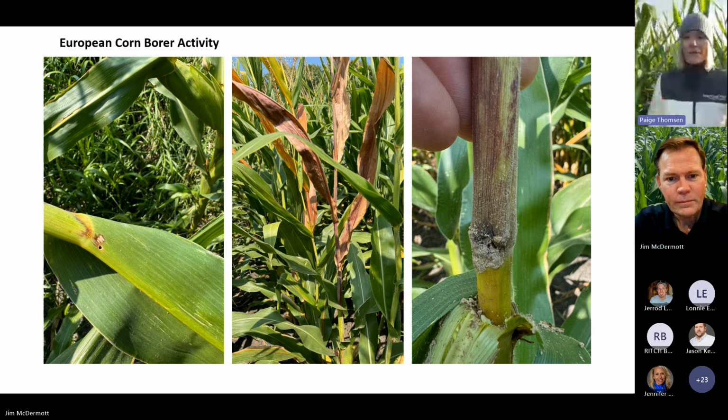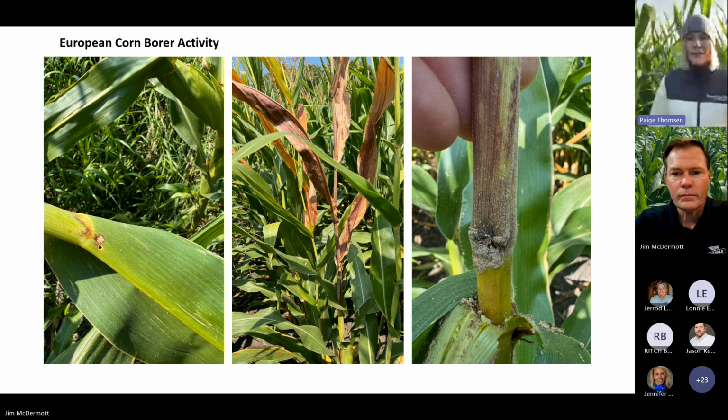There have been some European corn borers in those areas that have a little bit more conventional corn. You can tell by the shot hole in the leaves, and by the burrowing in the stalks, where it looks like sawdust comes out right there. But it shuts down that top part of the plant.